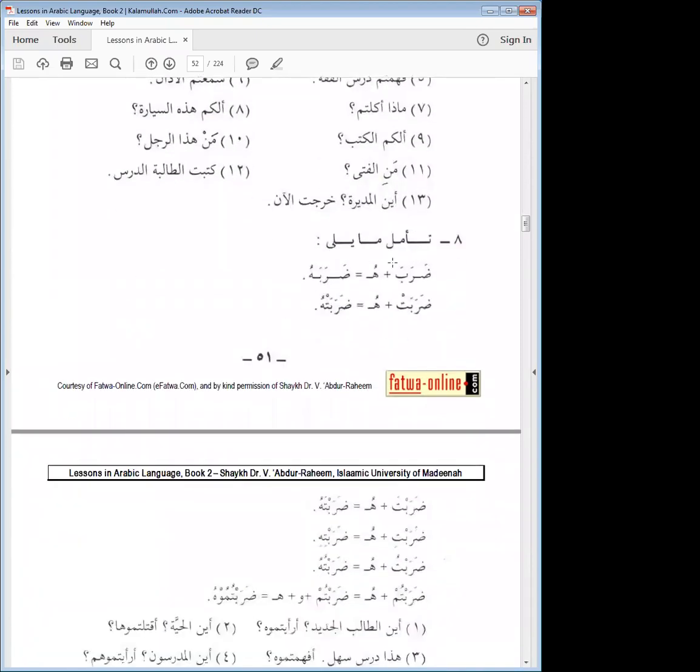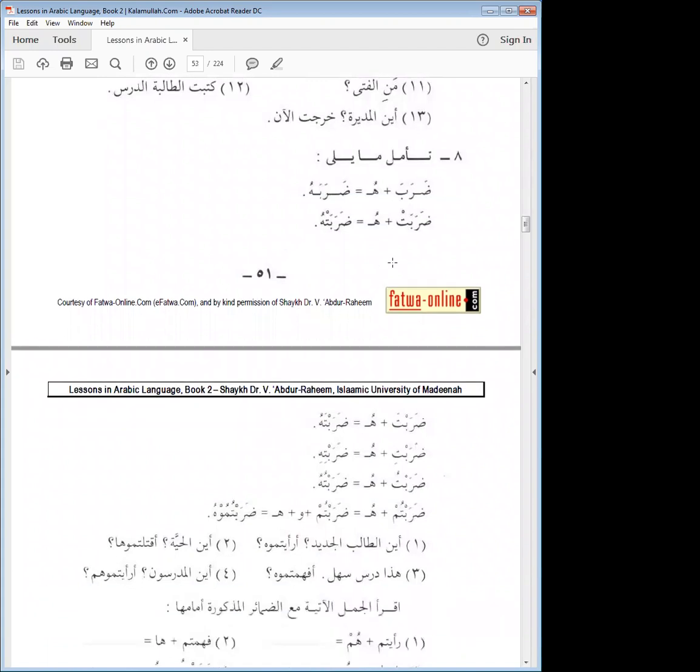The next lesson we have to go on to as a refresher is Raqam Thamania, or number 8. The instructions here say Ta'ammal ma yali. Observe what follows. So they are showing us here an example. This is at the end of page 51, right?